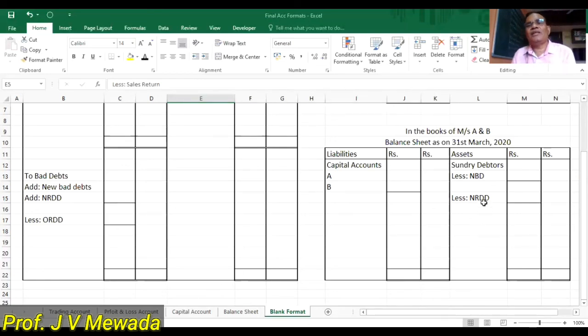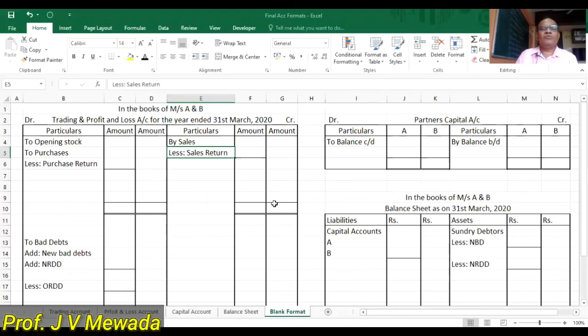And then you will write NBD, NRDD, and again this formula will be continued if there is a reserve for discount on debtors. So all this you have to take care of. You have to refer to the sum and then take the decision. So this is the blank format which you have to prepare before solving the sum. I think now you might have understood it.